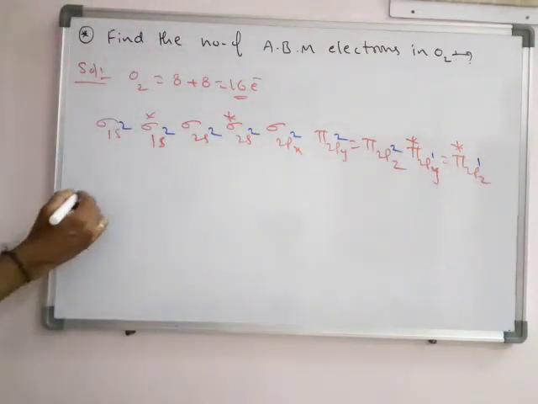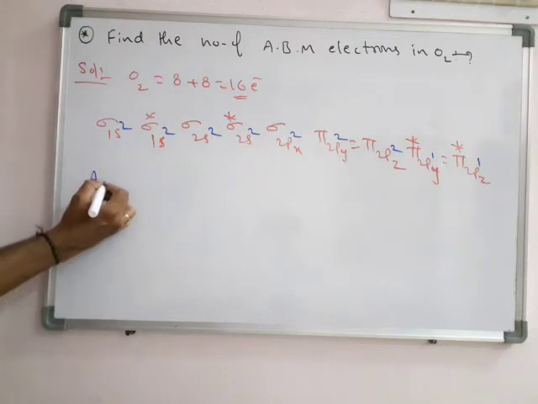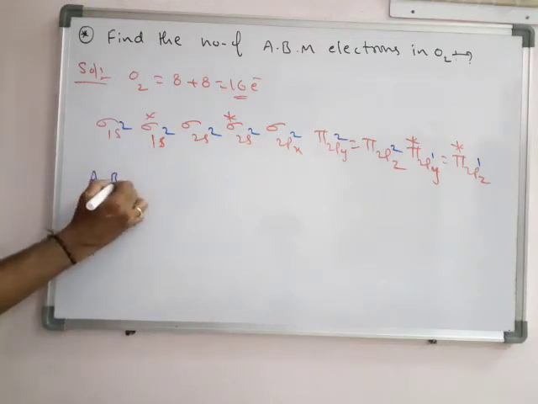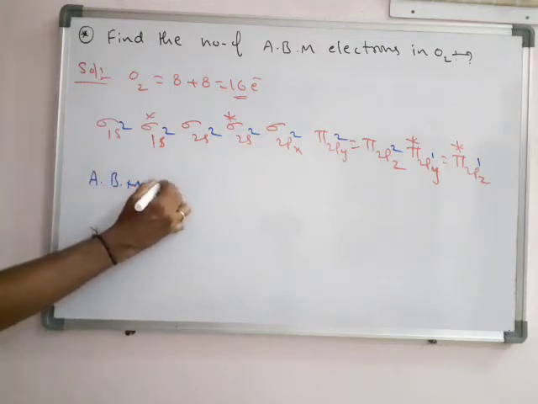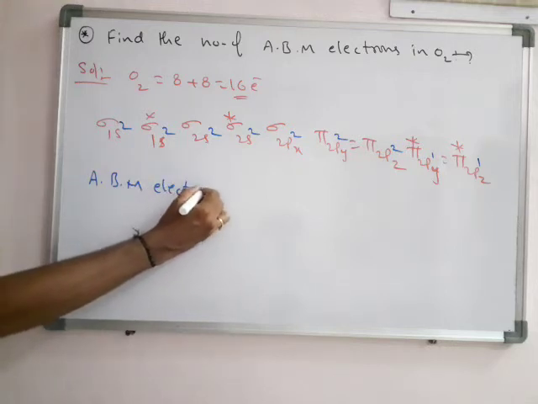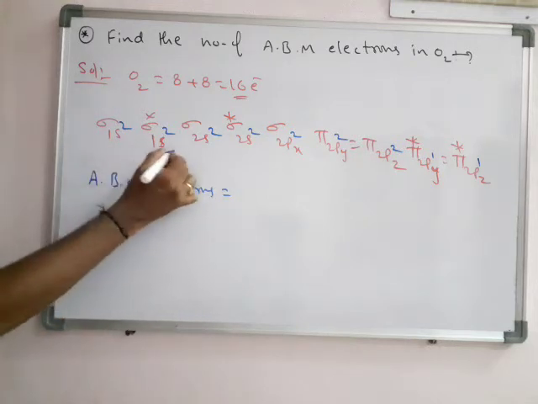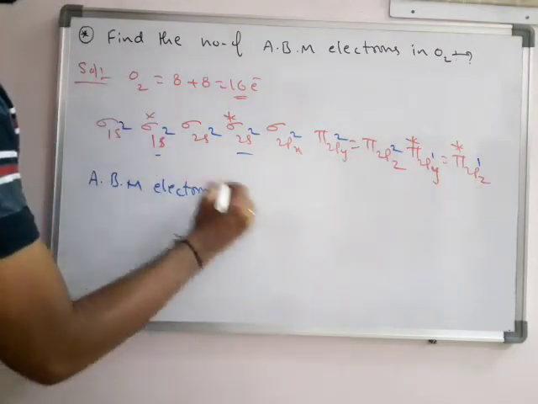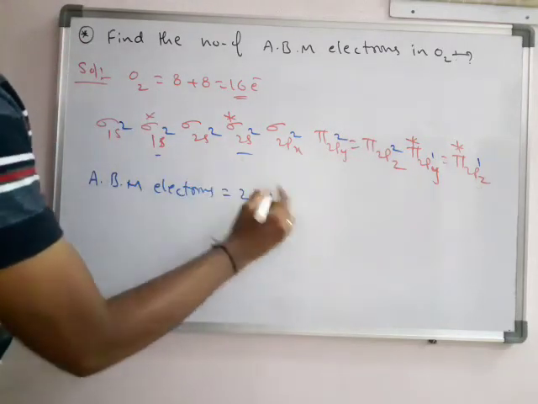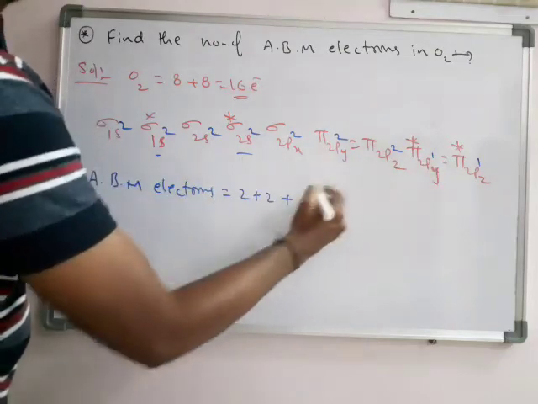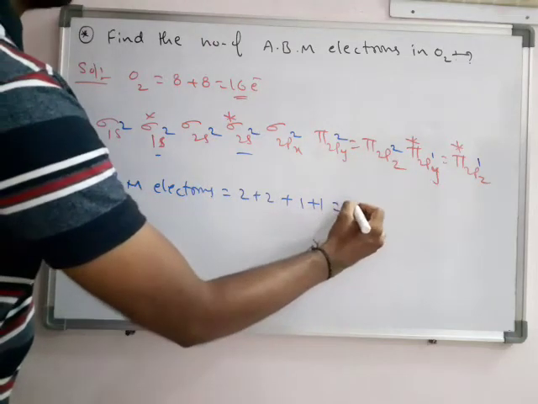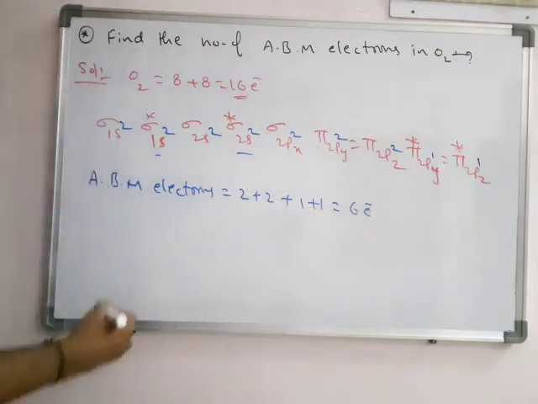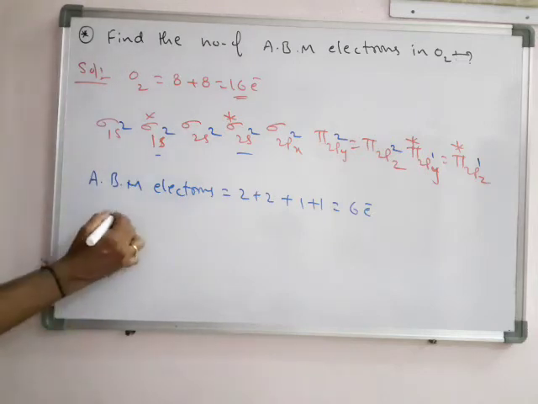Therefore, what are the antibonding molecular orbital electrons? Here 2, 2, 4, 5, 6. In total there are 6 electrons. What are the bonding molecular orbital electrons?